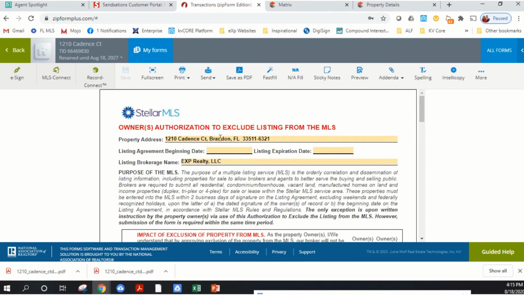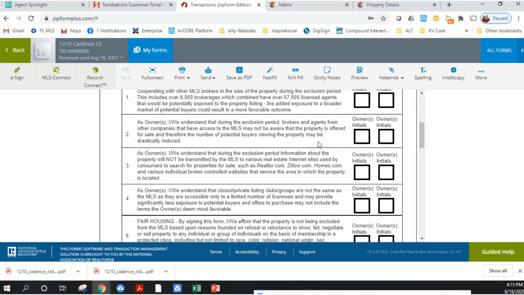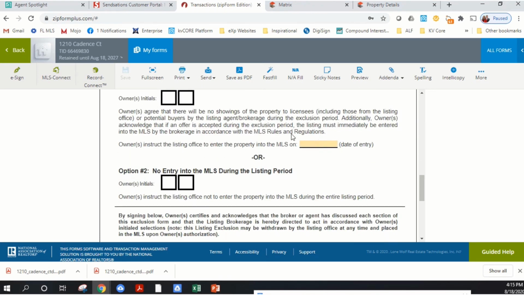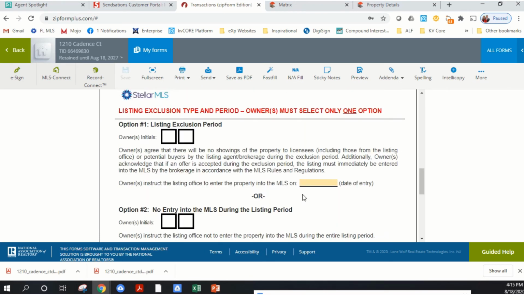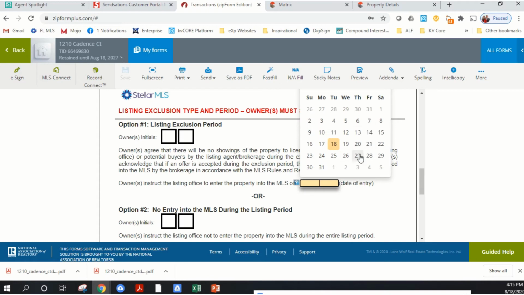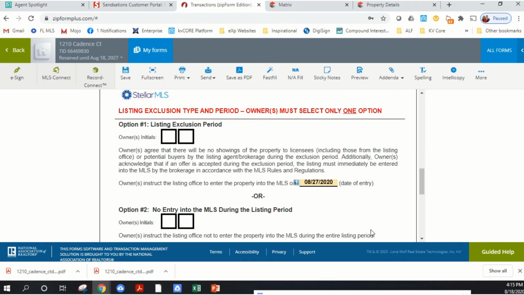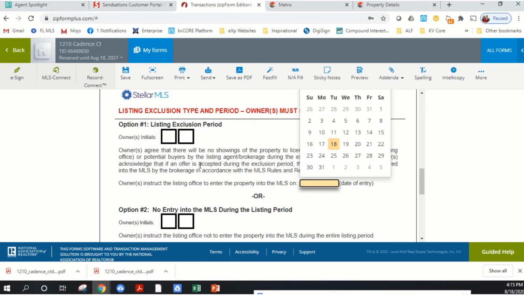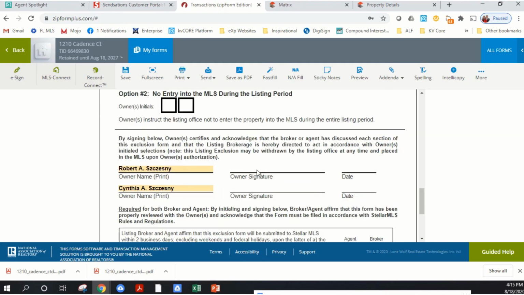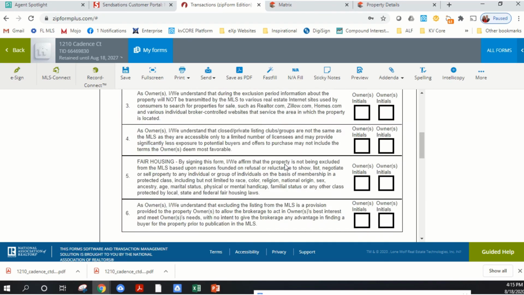It's the owner's authorization to exclude the listing from the MLS. It basically says, if they're not going to list until we get photos taken and do the marketing, until next week, then we just say it's going to go on the market on the 27th. And then I'm not in trouble with EXP or the MLS and have them sign off on that.